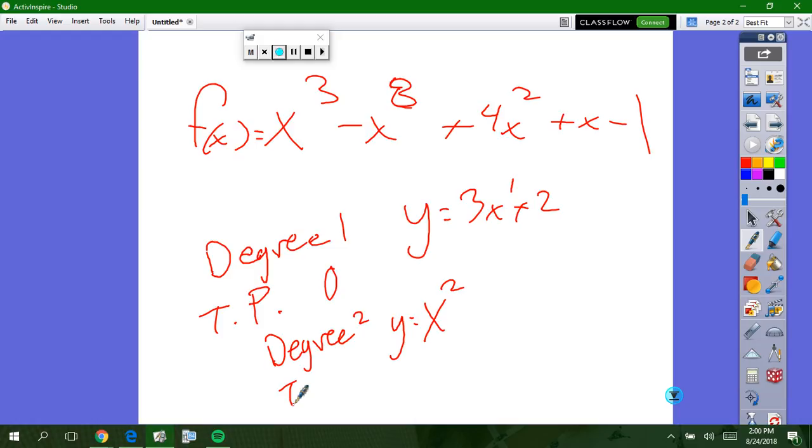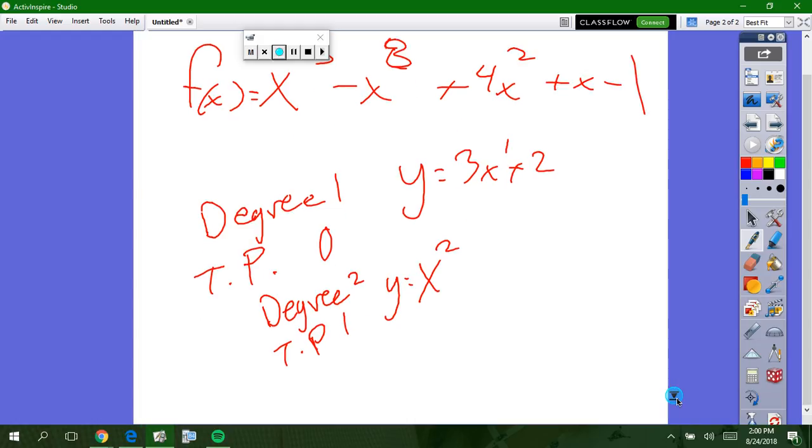And basically this is what it looks like. It has 1 turning point, because I'm going from decreasing, and this point changes from decreasing to increasing, that is considered a turning point. So this one has degree 2, but we have 1 turning point.